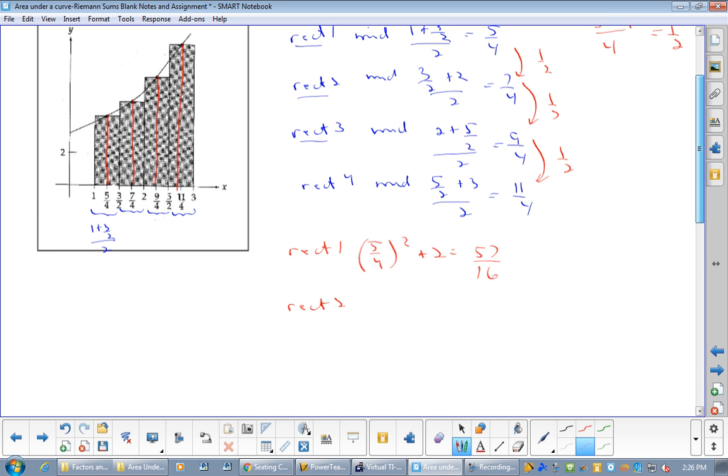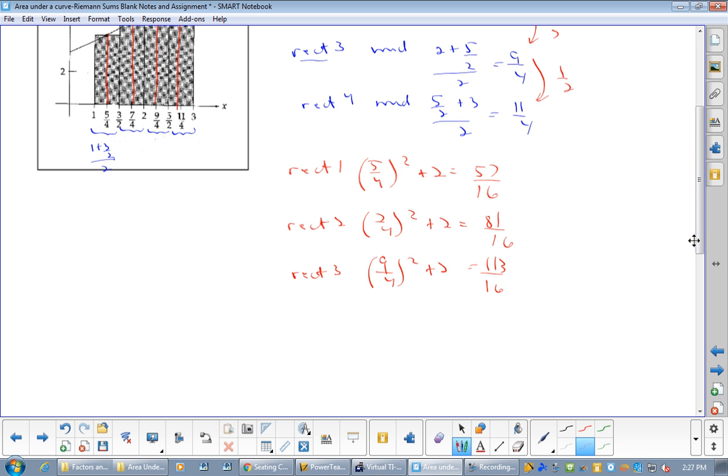Rectangle 2, we're going to put 7/4 in there, squared plus 2 equals 81/16. Rectangle 3 is 9/4, squared plus 2 is 113/16. And rectangle 4 is going to be (11/4)^2 + 2 = 153/16. Okay?